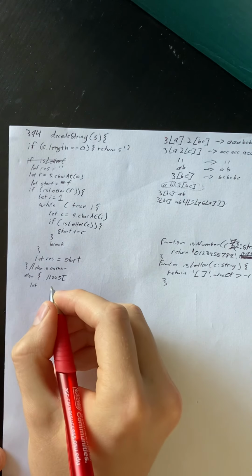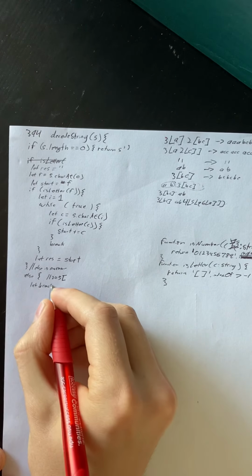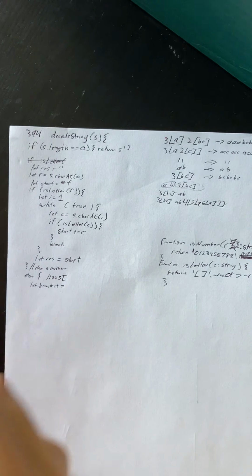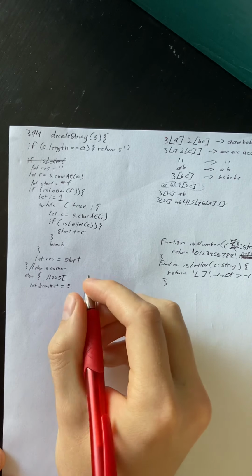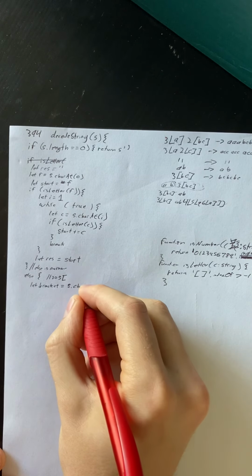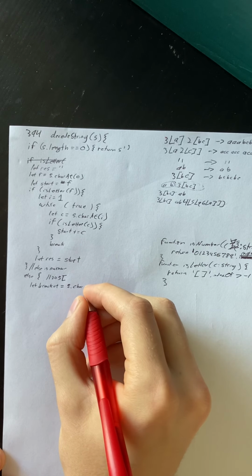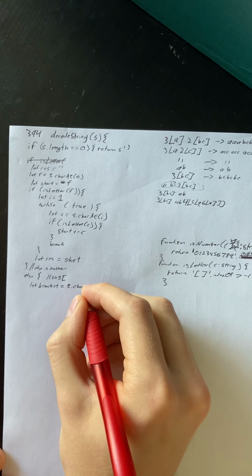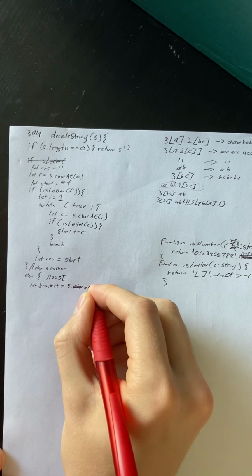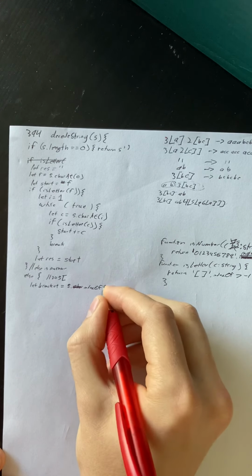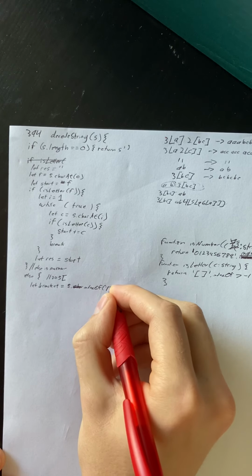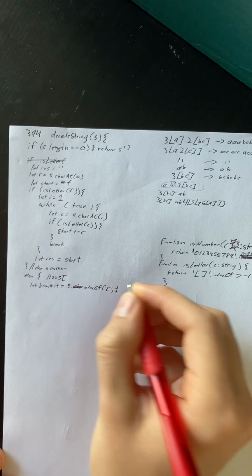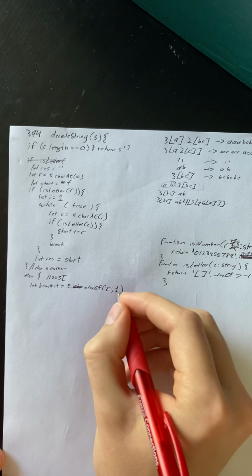So let bracket equal s dot index of. We can technically start searching from the first character, that doesn't really help.